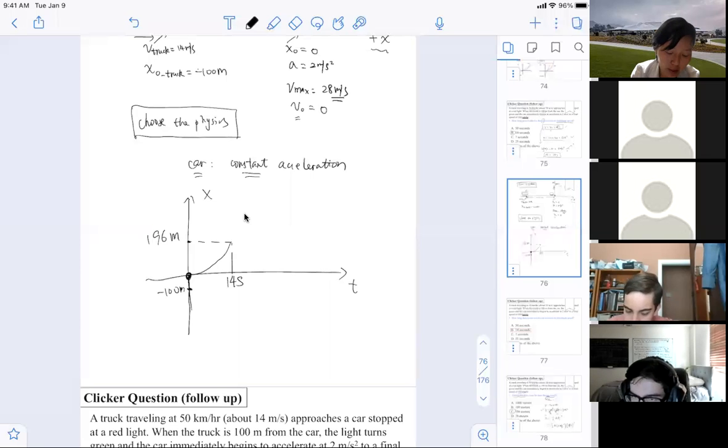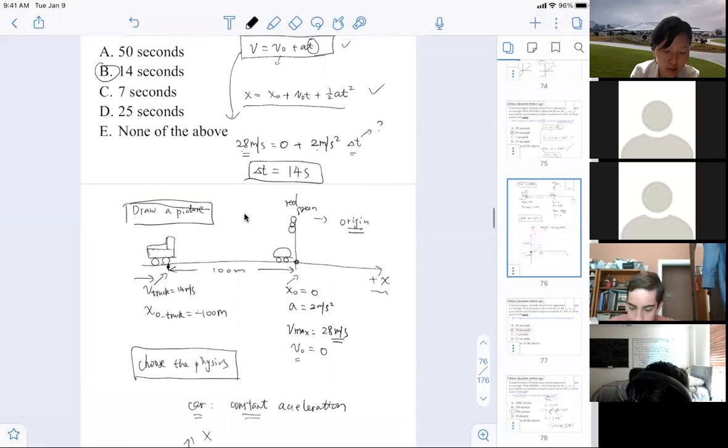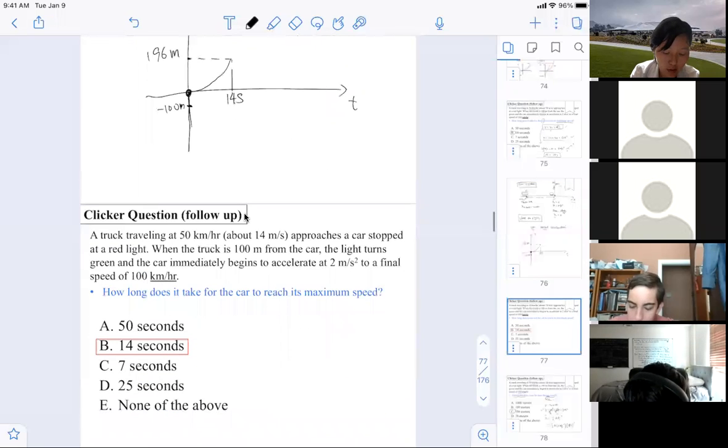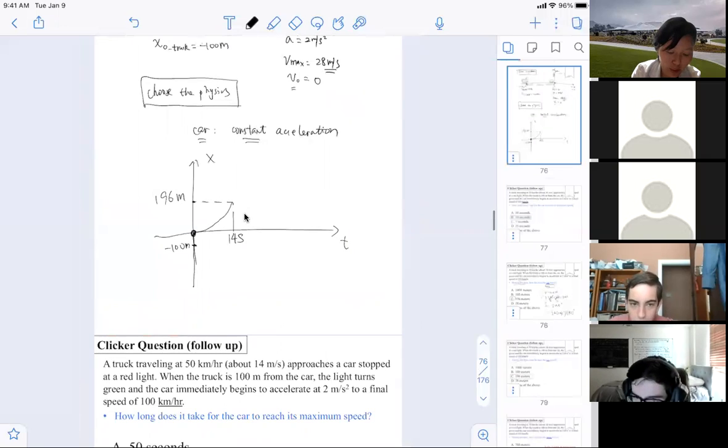And the truck is traveling with a constant velocity of 14 meters per second, so you have to draw a straight line going across this. And then you might wonder, at 14 seconds, where was the truck? So we can figure out where to put the line at 14 seconds.